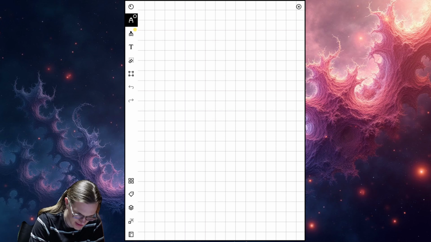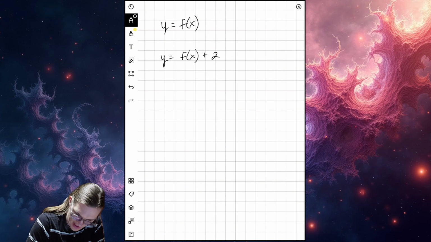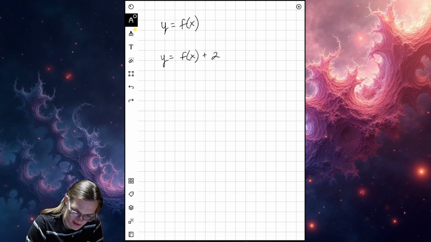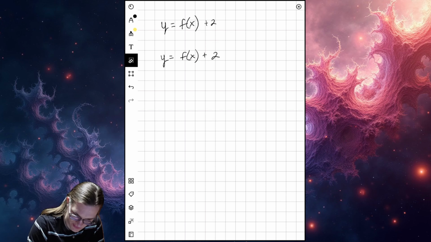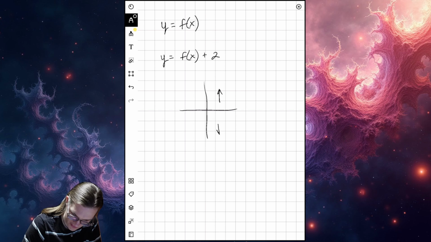But the way I always looked at it was, so think about it. We have y equals f of x, right? Our parent function or our original function. If I add something to the y, right? So y equals f of x, well, if I add out here, outside the function, see how I'm adding to the y? Well, then that's going to affect the y. So, right, something moves up or down, plus c, minus c in the y direction.